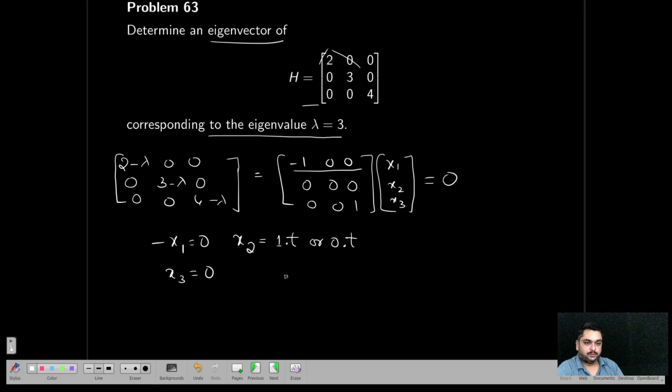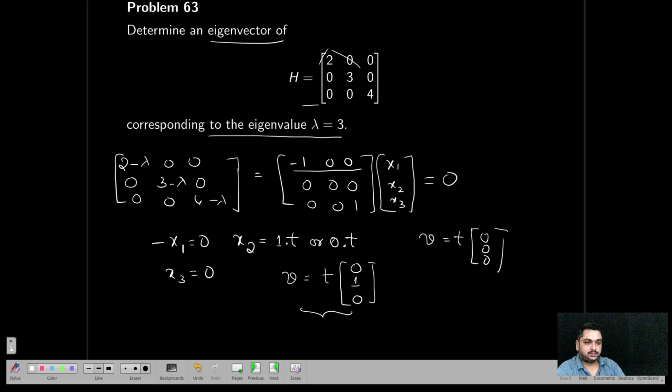So this vector will be p is equal to t into x1 is 0, x3 is 0, x2 can be t into 1, that is 1 into t. Now this is one of the eigenvectors. We should also check for the other combination, 0 into t. What I will get is p equal to t into 0 0 0.